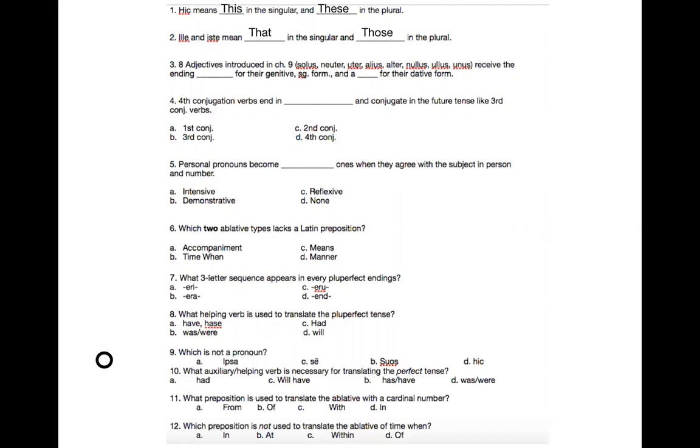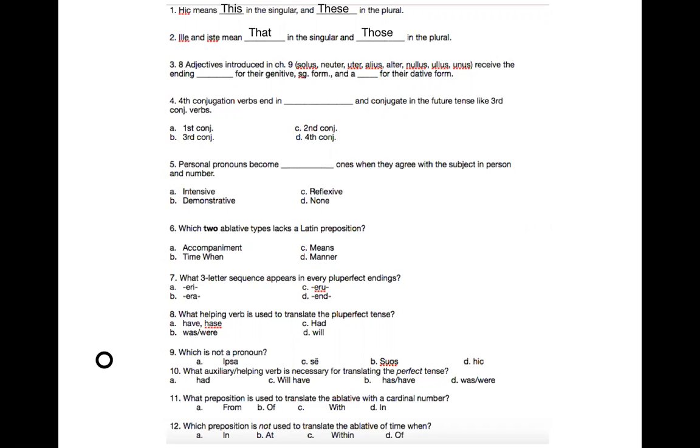Number 3 is about these 8 adjectives that we get in chapter 9. Some of them don't come up too much, but it's worth thinking about them because they're going to be potentially around for the rest of your Latin education. And it's good to know that they mostly decline like normal first and second declension adjectives.